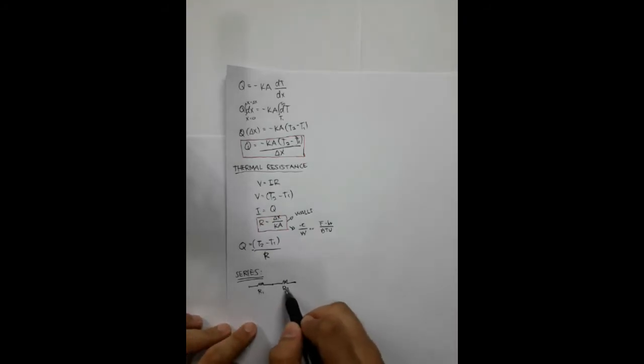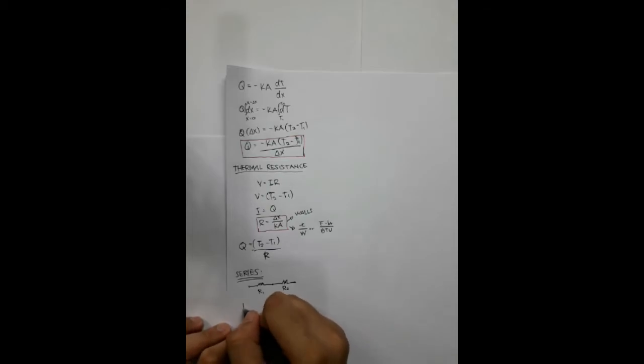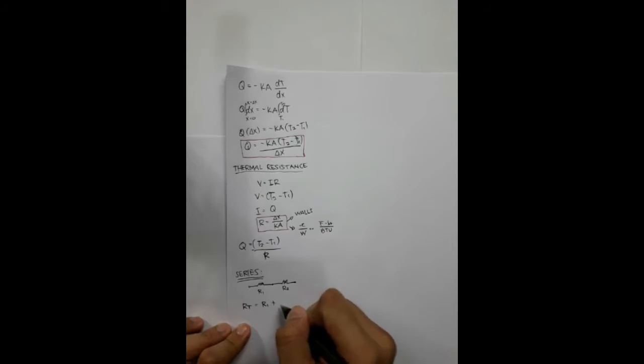So, paano mo kukunin yung total thermal resistance nitong dalawang thermal resistance natin? Just like in series sa electrical circuits, ang paghanap po ng total thermal resistance is R1 plus R2, or i-add lang po natin.